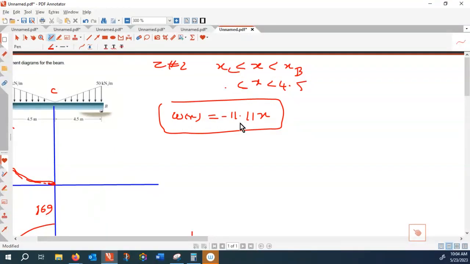X equal to 0, 0, X equal to 4.5. So V of C is equal to 0.